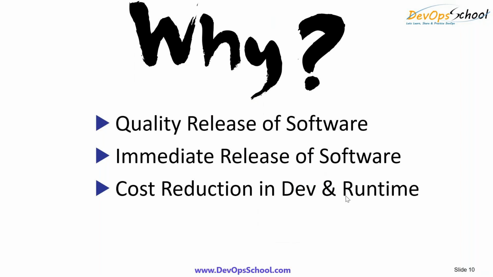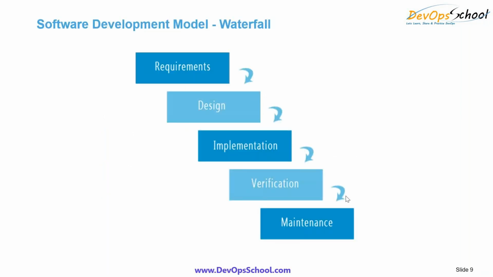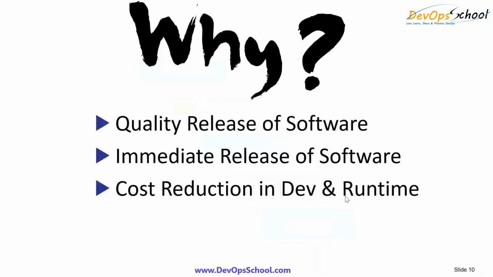So at that time the software organizations, software companies, came up with this waterfall idea. They said, okay, we'll do first requirement, then design, then implementation, and so on. We will do it this way because they wanted to improve the quality of the release, achieve quick release of software, and reduce cost in development and runtime.